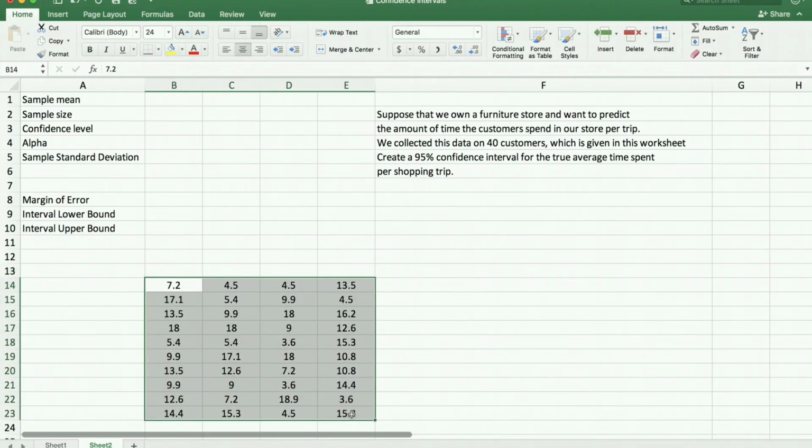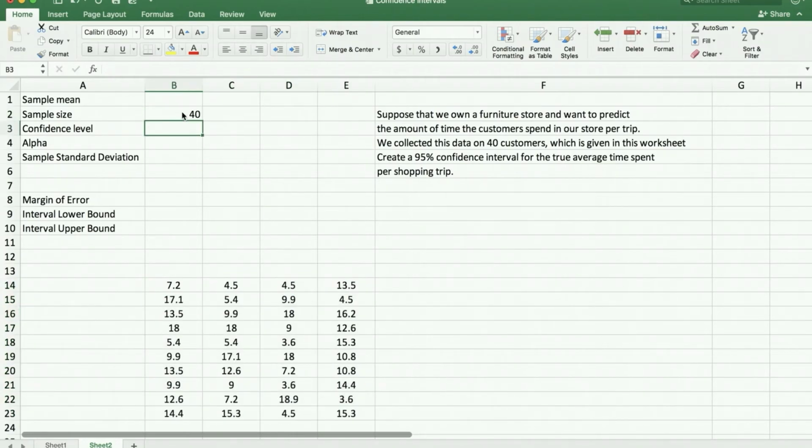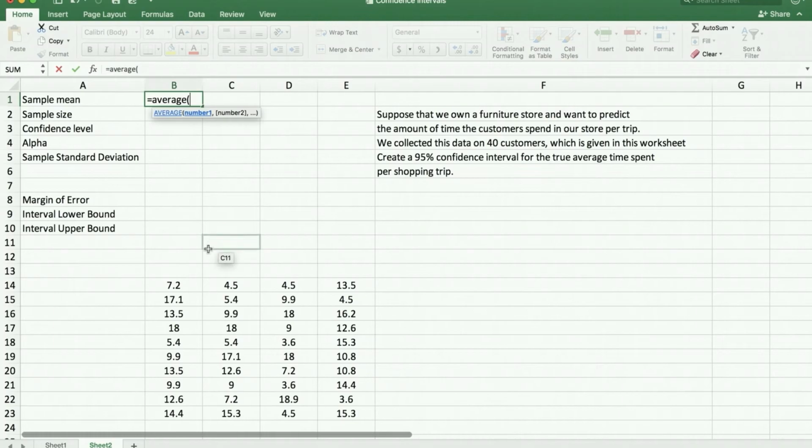Okay, so I have my data set. I have 40 values in this data set, which means that my sample size is 40. Okay, so that is given. And I need to find the sample mean, and I know how to do it because I can use the average function to calculate the sample mean.